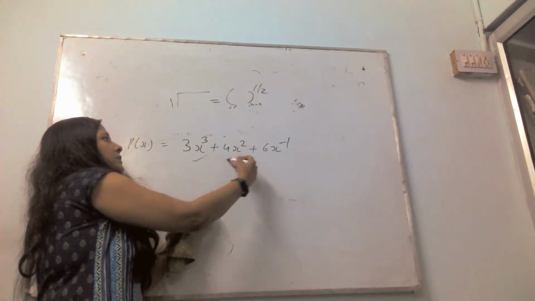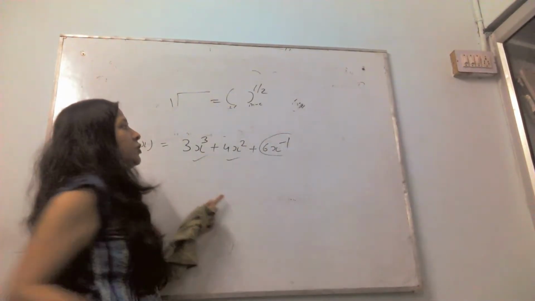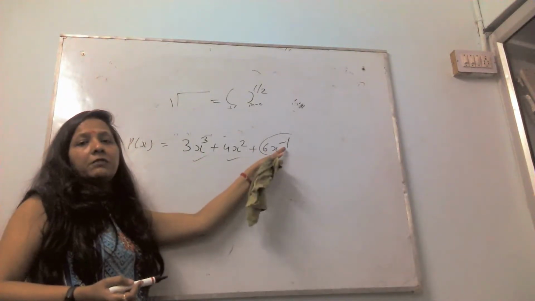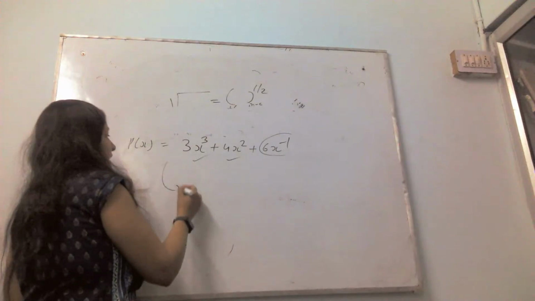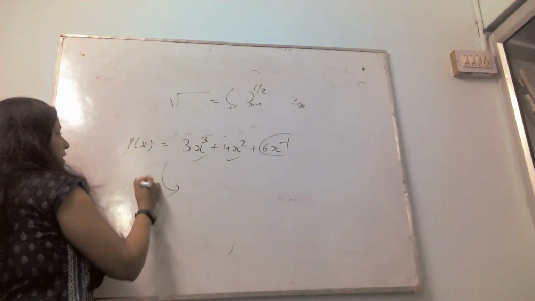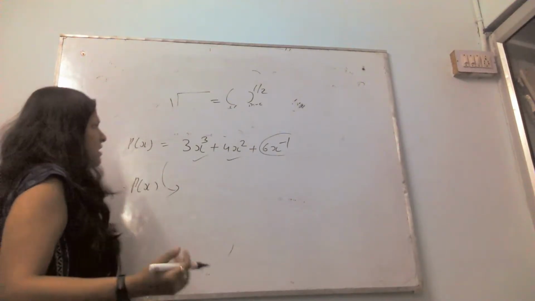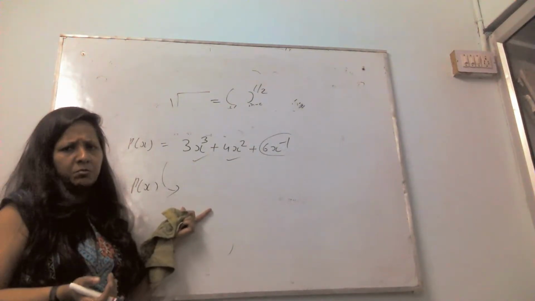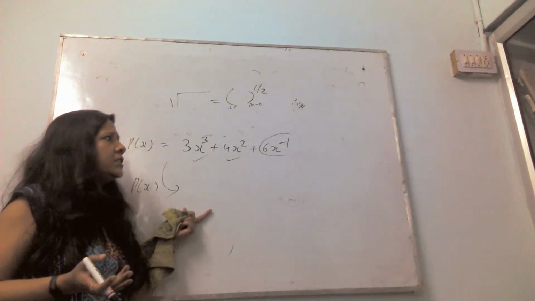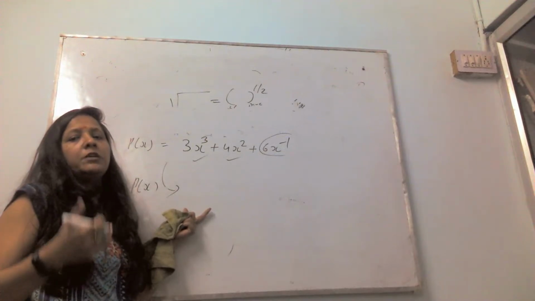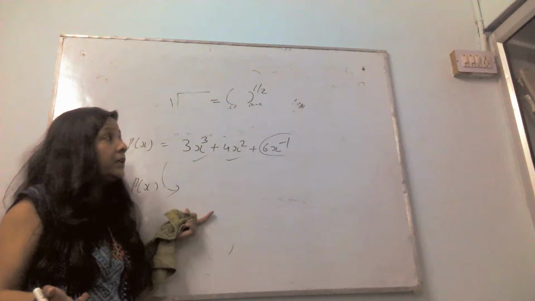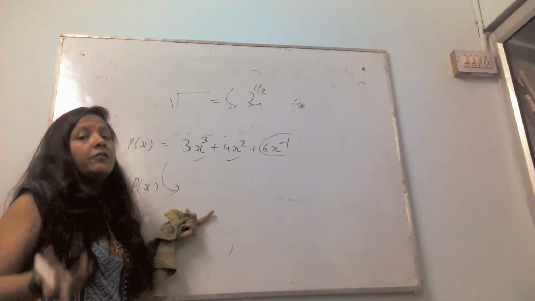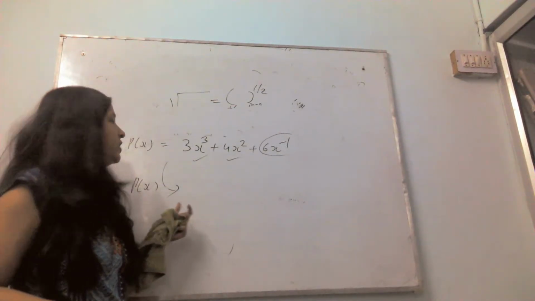Because this part is okay, but this is not okay because of x to the power minus 1. So what we have understood is that a polynomial is an expression having variables, but the power of the variable should be a non-negative integer. That means it should be a whole number and it should not be a fraction.